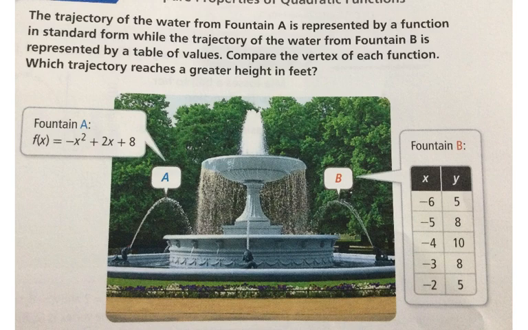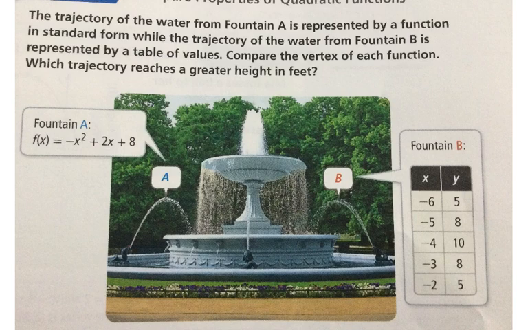For fountain A, the equation of the parabola is given here: negative x squared plus 2x plus 8. That's the shape of this parabola. Now this parabola, part of fountain B, does not give me an equation, but it gives me a table of values.